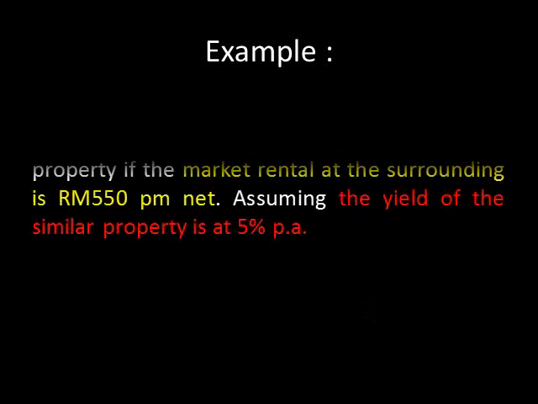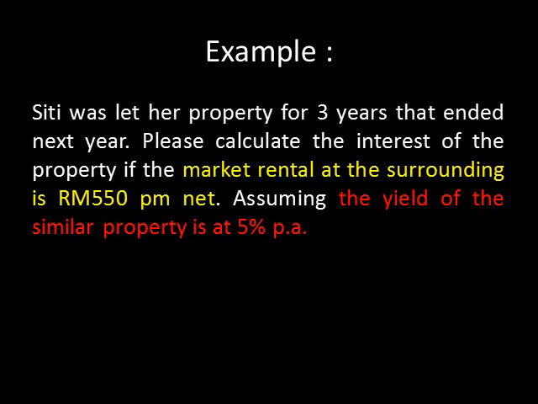Let's look at another example. Siti let her property for 3 years that will end next year. Please calculate the interest of the property if the market rental in the surrounding area is 550 ringgit per month net, assuming the yield of similar property is 5% per annum.